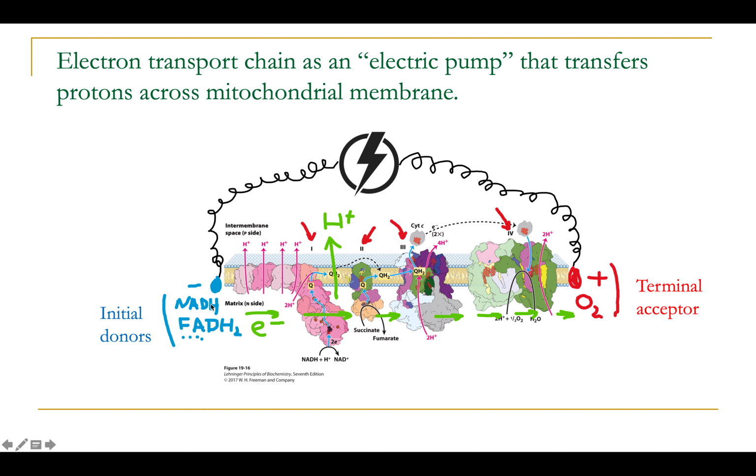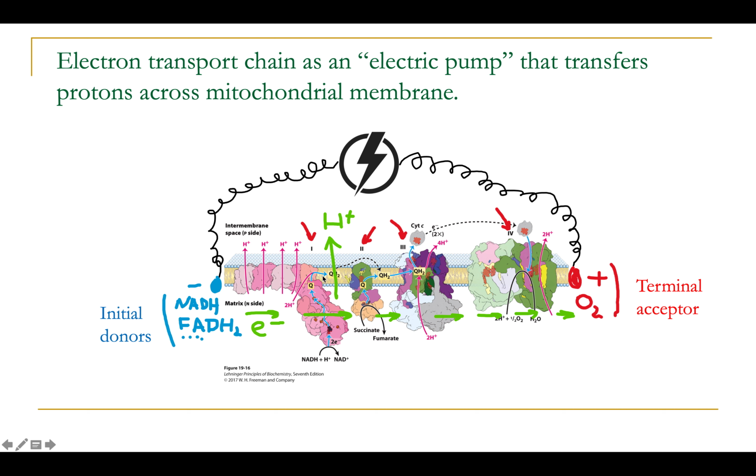This way, complex 1 can oxidize NADH back into its oxidized form, and get reduced. Because of that, it is also referred to as the NADH dehydrogenase complex. In turn, complex 1 has somewhat lower affinity for electrons than this membrane-soluble electron carrier molecule called ubiquinone.